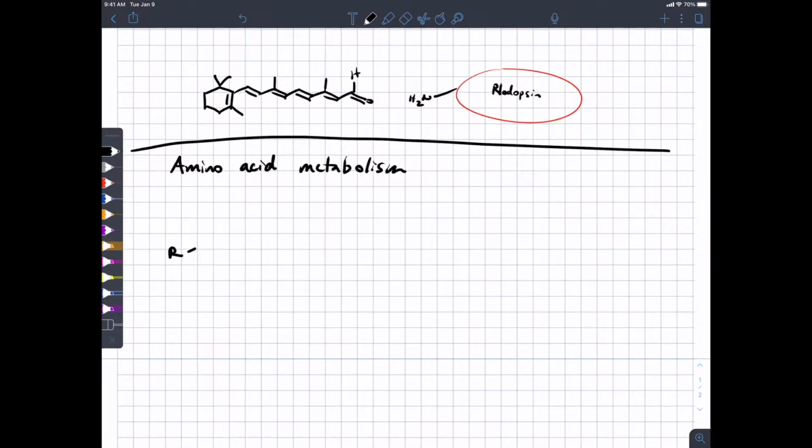Here is an amino acid. You can draw it in a number of different ways, but I'll draw it like this. The R group can be any number of things. There are 20 or so amino acids that your body uses for proteins, a few others that it uses but not for proteins.